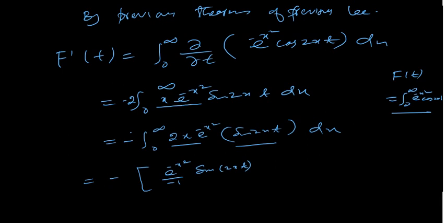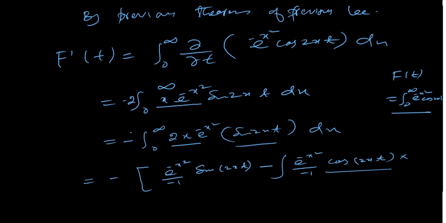Now after this we have to write minus, then the integral of the integrating function, you get this minus x square by minus 1, into the differentiating function, that's equal to cos of 2xt, because you are doing the integration with respect to x here.